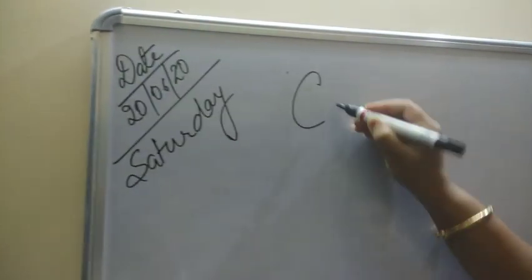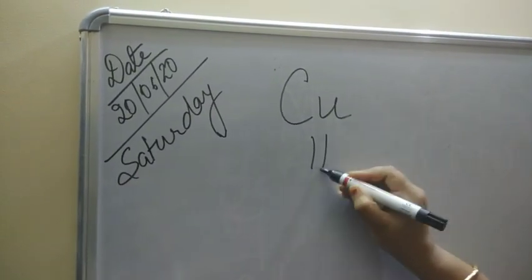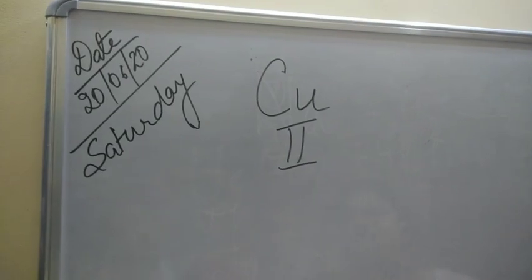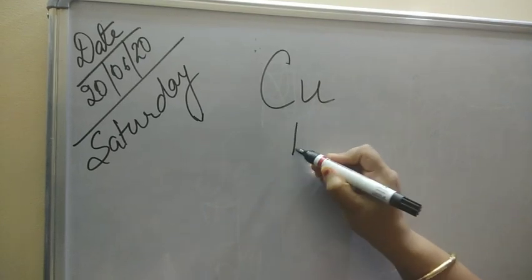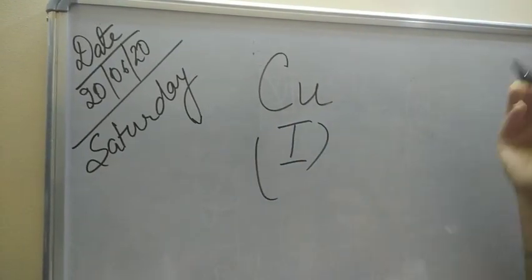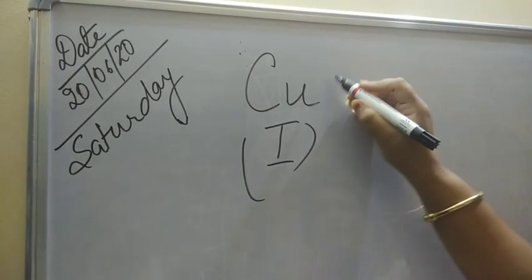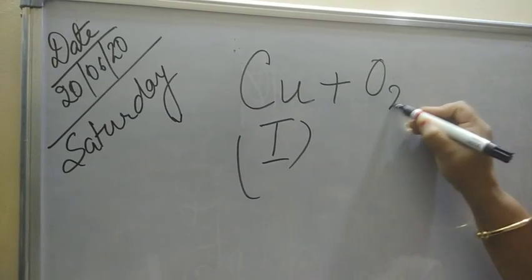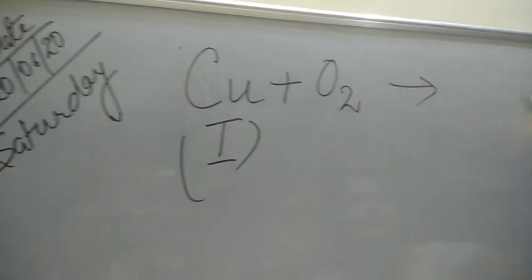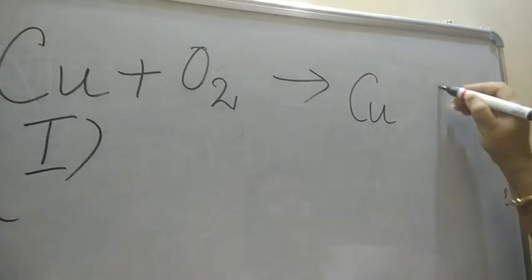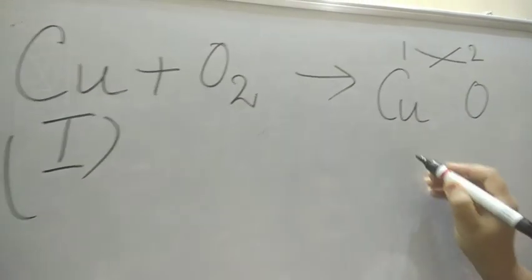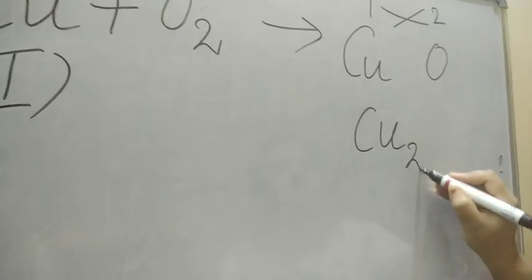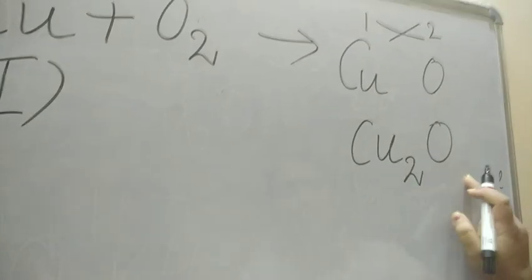copper. I gave you the valency as, I think I gave 1 to you or 2. Moreover, I'll take 1 only. If it was 2, I'll show the 2 also. Cu plus O2 will give you Cu2O. Copper oxide valency 1, oxygen 2, cross multiply, Cu2O.